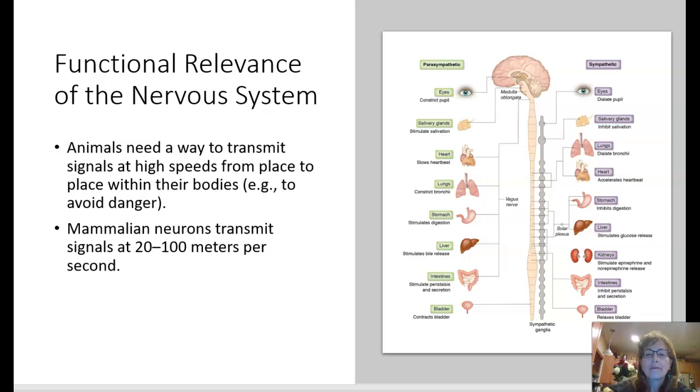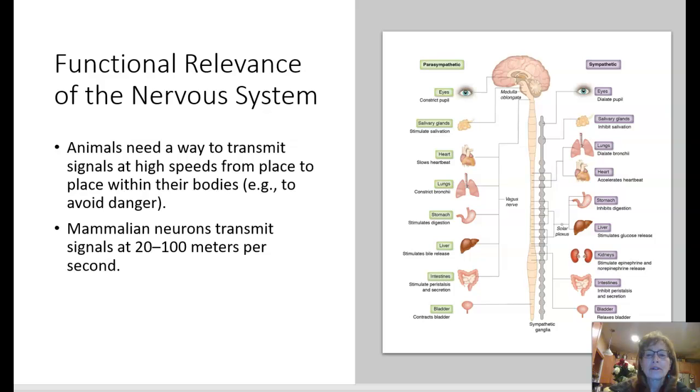So why do we care about nervous systems, and why is it so important that ours has evolved to be as complex as it is? Well, it's been very helpful in our survival. Most animals have some form of a nervous system, some very primitive, where it's simply a net of nerves around their body, but we have developed this very elaborate system which really functionally helps us in a million different ways.